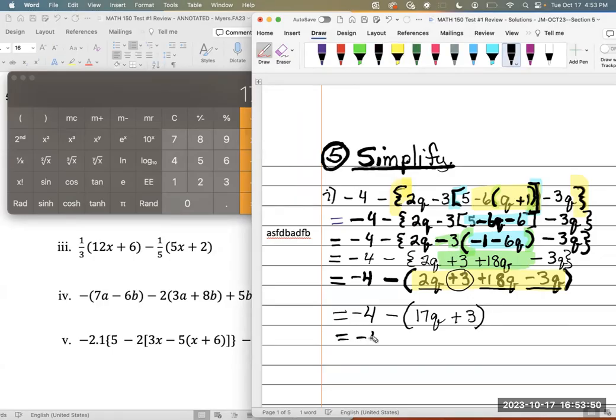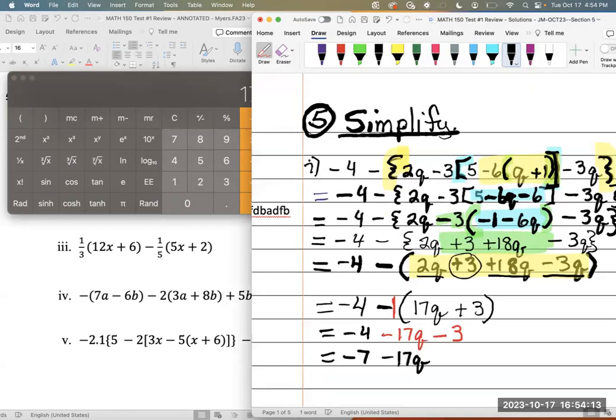So I have -4, and then I'm subtracting everything inside. Sometimes it's helpful if you remember that it's like having a -1. So this would become -17q minus 3. Combine like terms, -4 minus 3 is the same thing as losing 7.